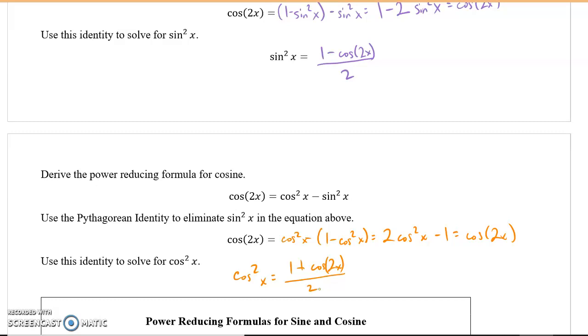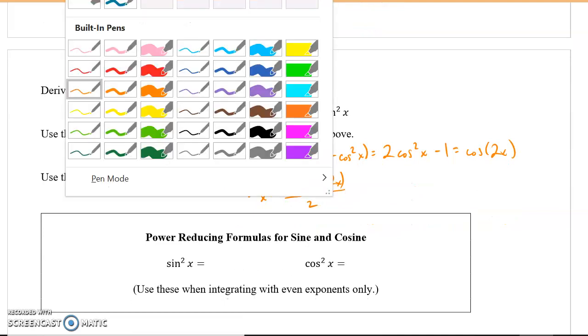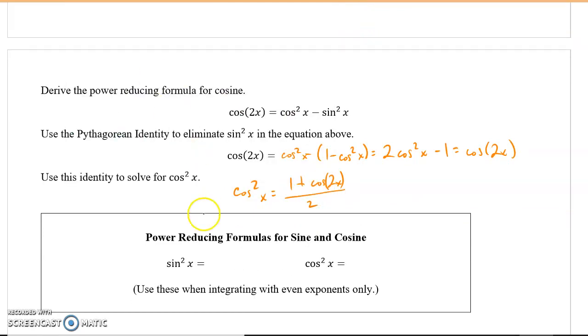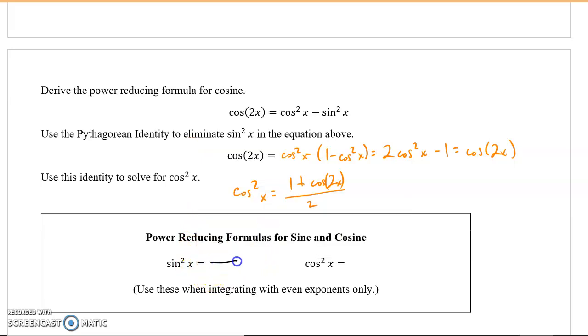Okay? So those are identities that will help us reduce the power of squared sines and cosines. So we'll have 1 minus the cosine of 2x here, all over 2, and 1 plus cosine of 2x over 2.